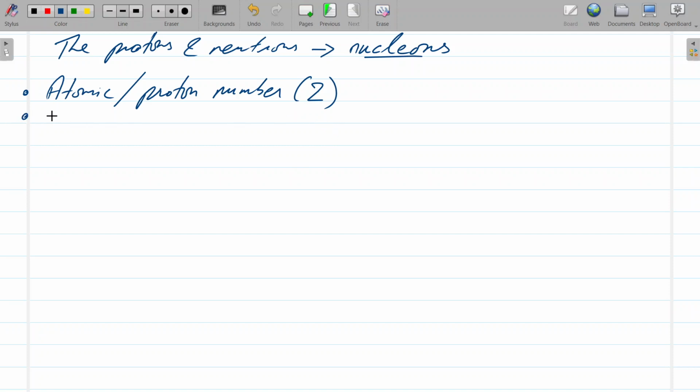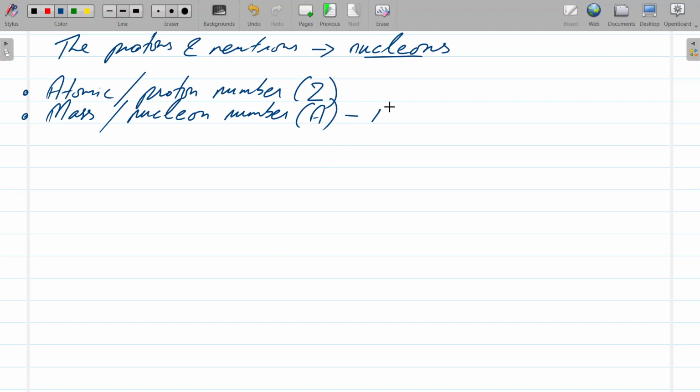And then you have the mass or nucleon number, which is represented by an A. For some reason, I don't know, A for atomic would have been better, but that's it.